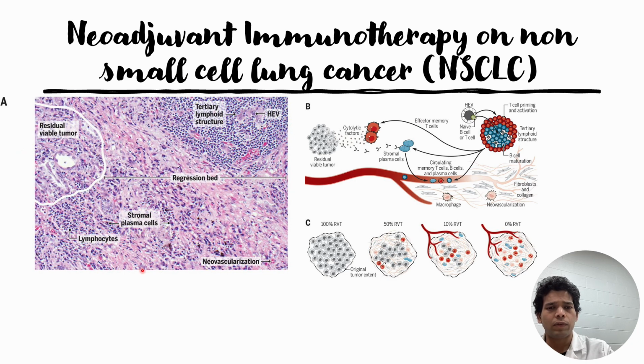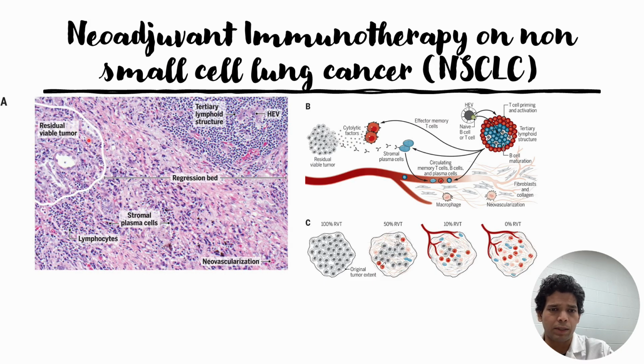So we will start with the H&E staining, which is the photomicrograph of the patients who were treated with this neoadjuvant immunotherapy. These are the residual viable tumor, and the staining is annotated with the cells that have a role in neoadjuvant immunotherapy, or a role towards tumor suppression.